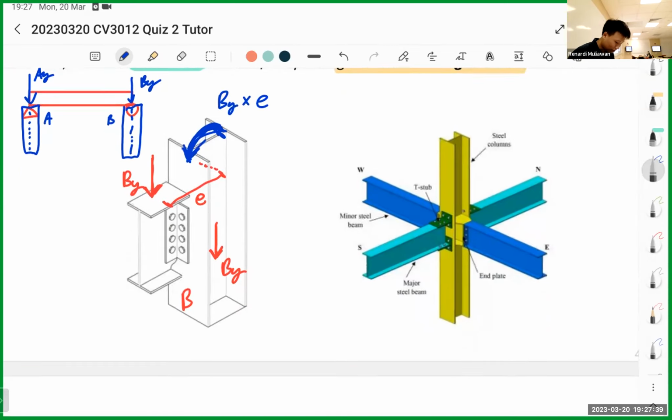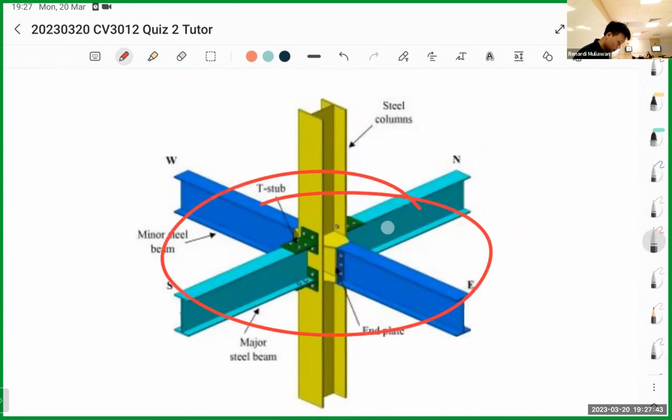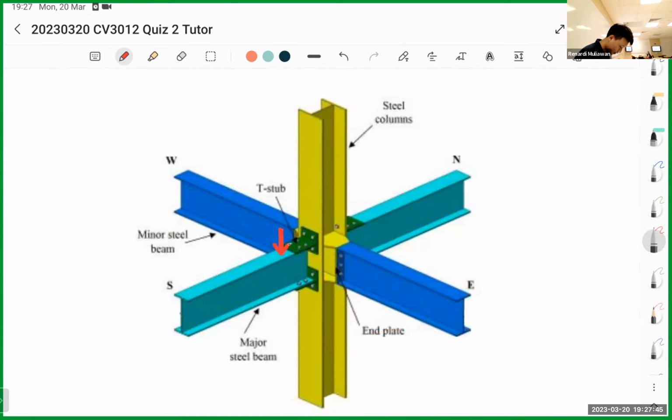Anyways, if you see a column like this, we have 4 beams. Let's say this is reaction 1 from the beam. I'll draw 2 only because 4 is a bit confusing.